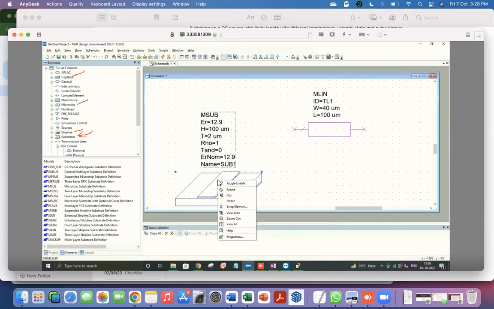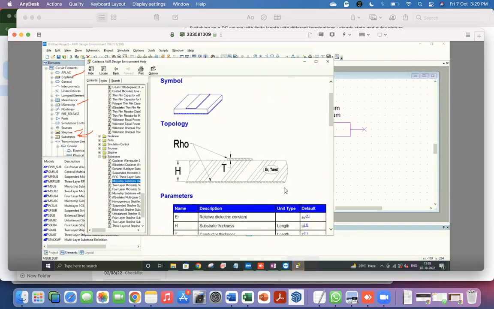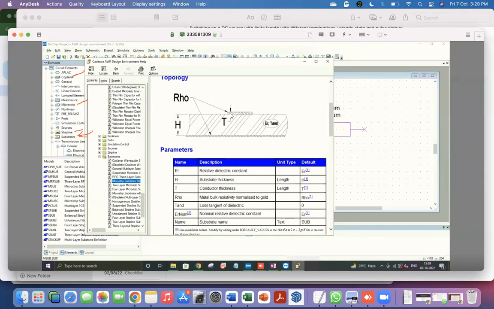Actually, let's quickly check what it says in the help. Okay, so here they have given you the diagram of what those numbers mean. Height is explanatory. Rho tells you the conductivity of both the ground plane and the top metal, and then the dielectric constant and tan delta.